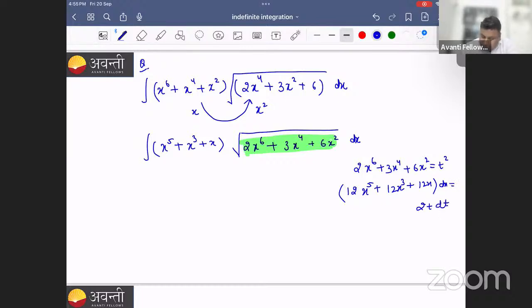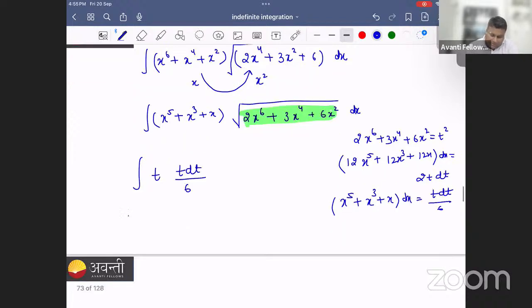That means x to the power 5 plus x cube plus x dx is t dt upon 6. So your question became, this under root is t and x to the power 5 plus x cube plus x dx is t dt upon 6.